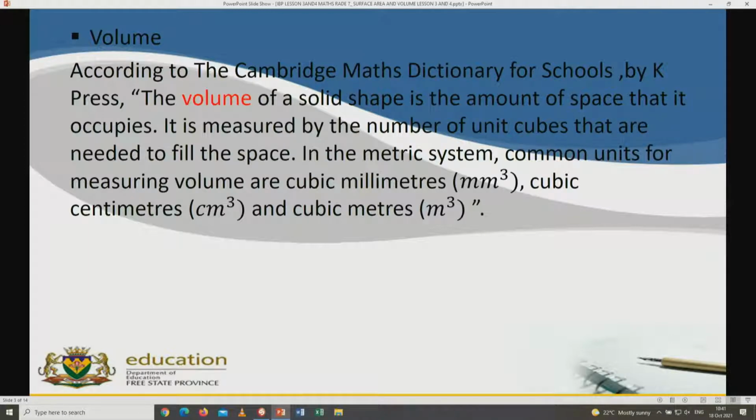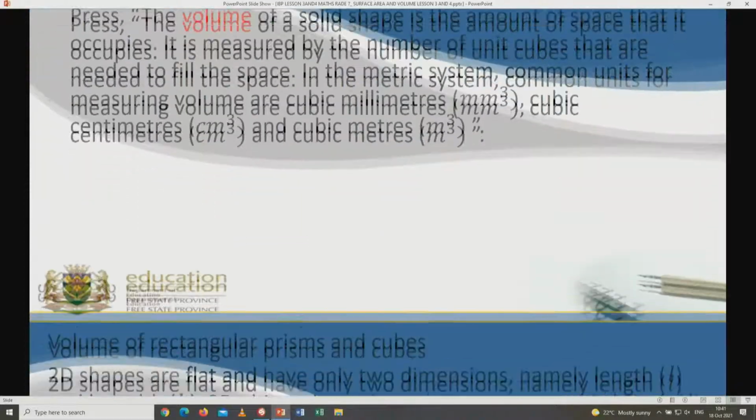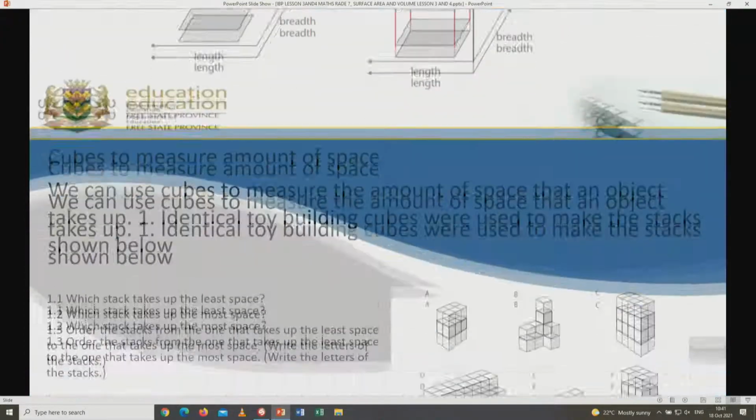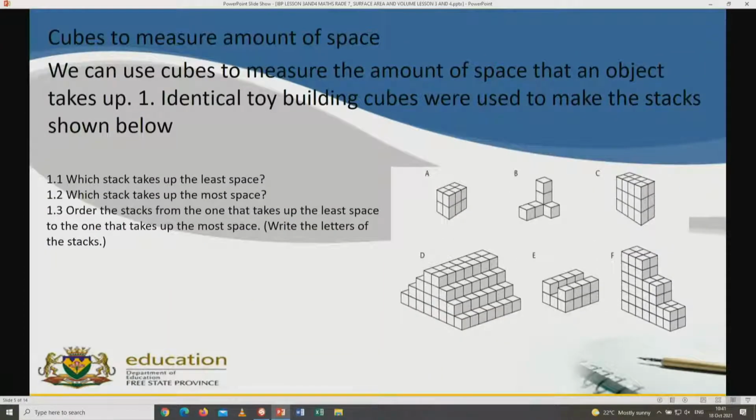It is measured by the number of cubes that are needed to fill the space. Hence, at this stage, we are saying we can use the cubes to measure the amount of space that an object takes up.